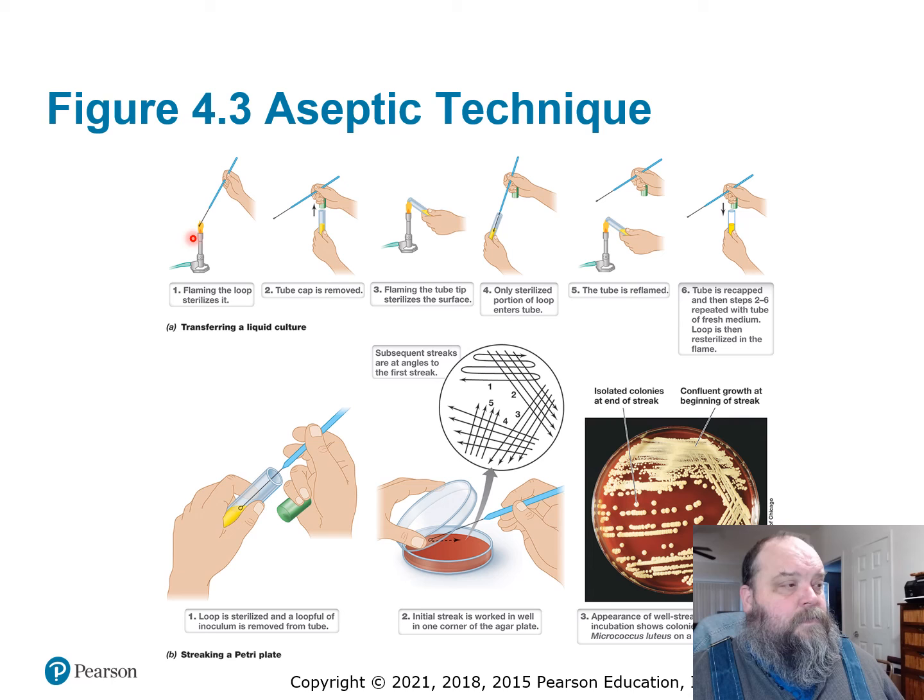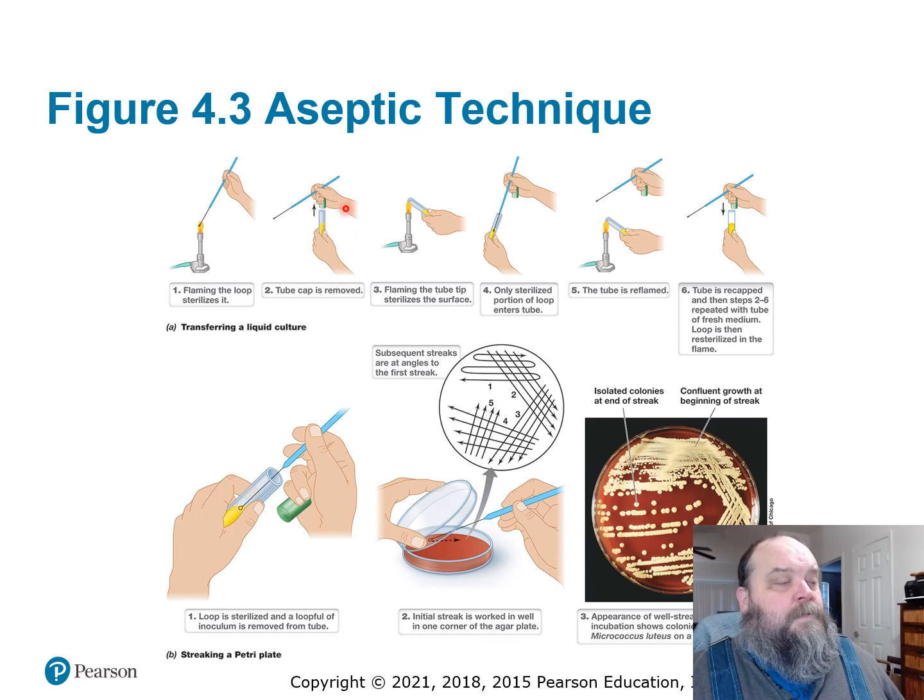But notice, the loop, wherever you got it from, unless you took it out of a wrapper that was guaranteed by the manufacturer to be sterile as long as the wrapper is intact, it is dirty, it is filthy, it is contaminated. By heating it up, you're basically carbonizing, charring everything there.